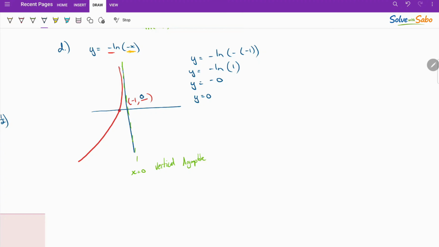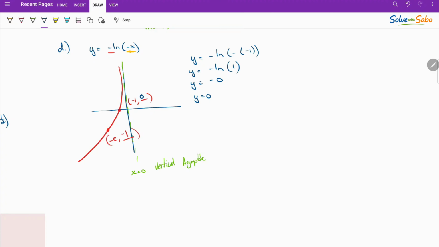Easy peasy. That would also make me think that if I picked a point over here of negative e, again, I'm just choosing the negative version of the original, I should now probably get -1. That's what I think it'll be, just using transformations.